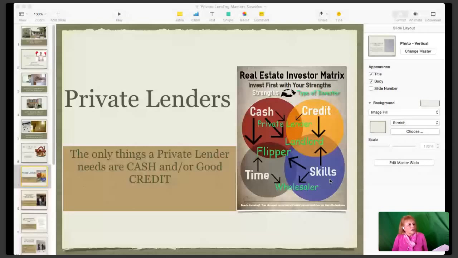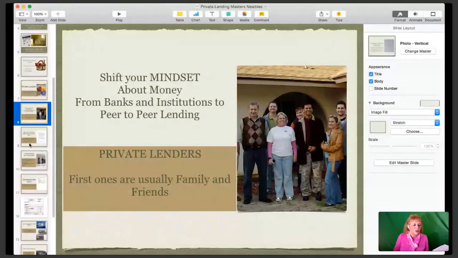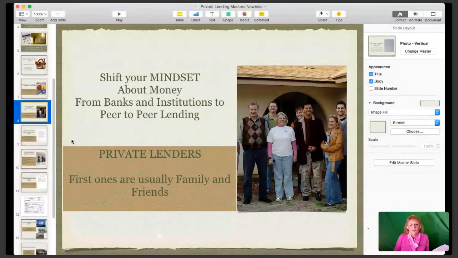All right. So it's really important to shift your mindset about money away from banks and institutional lending, and into peer-to-peer lending. So that's where you either become a private lender or you find private lenders to do your deals. And usually the first private lenders are family or friends that you already know.